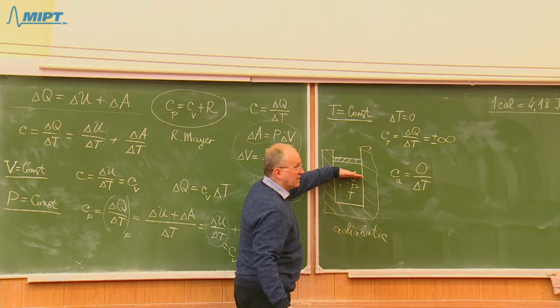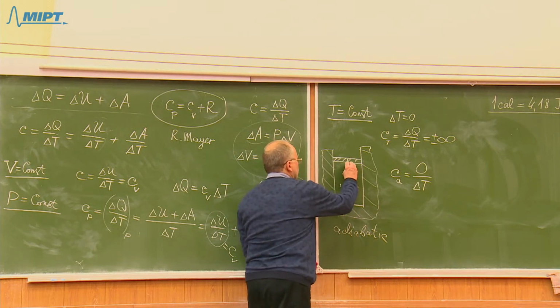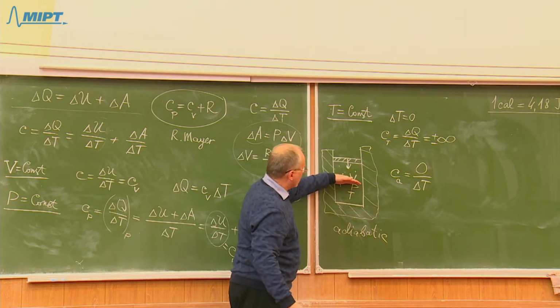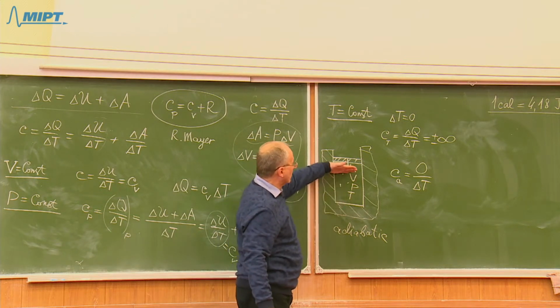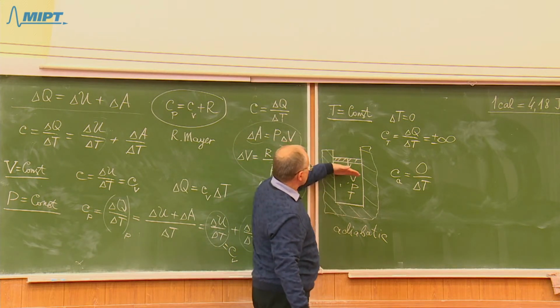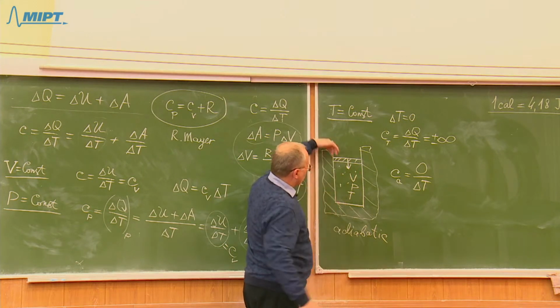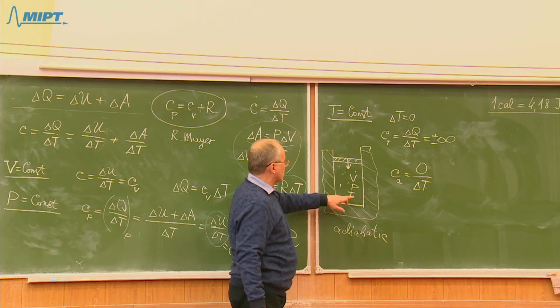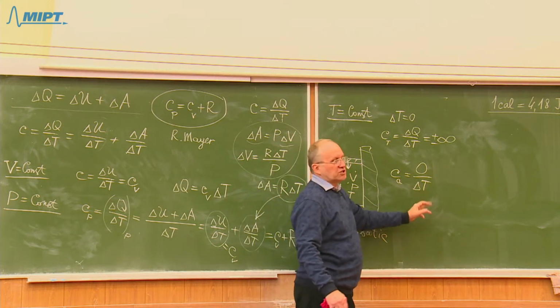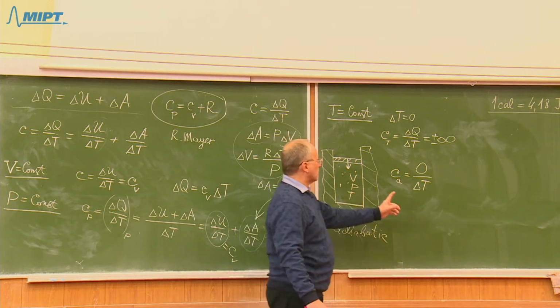We can compress the gas by moving the piston down. We can reduce the volume, and in this case the temperature will increase. And we can expand the gas by moving the piston up, and in expanding the temperature will drop. So the temperature can be changed by a finite quantity.